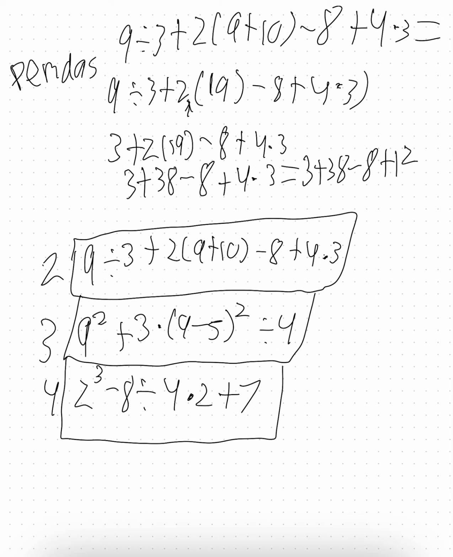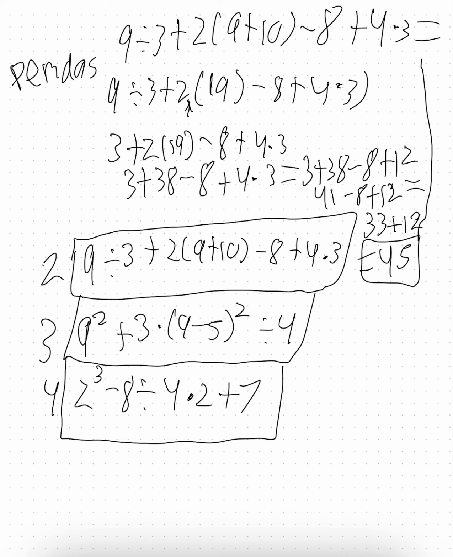Now it's very easy. 3 plus 38 is 41 minus 8 plus 12. 41 minus 8, what does that equal to? 33 plus 12. That's equal to 45. Okay, so 45 is the answer for this one.